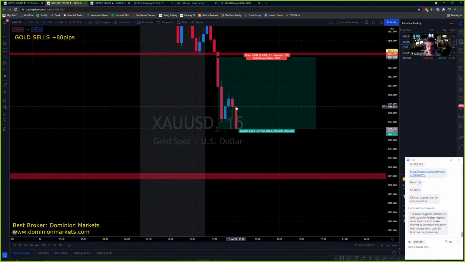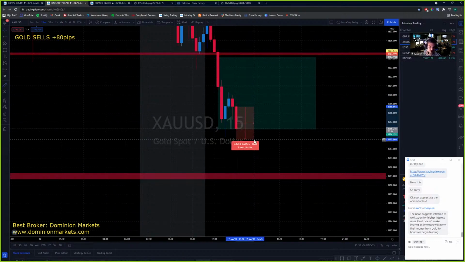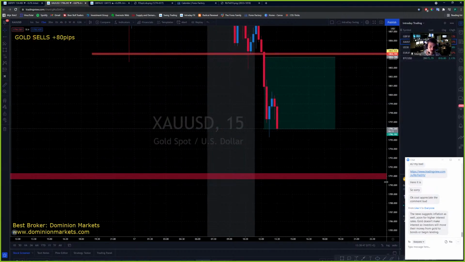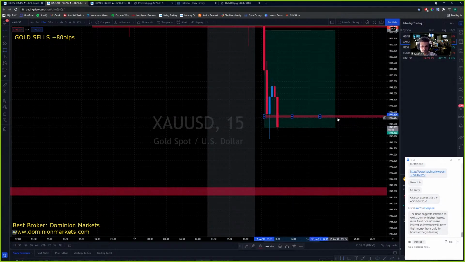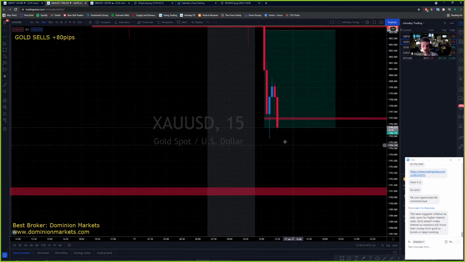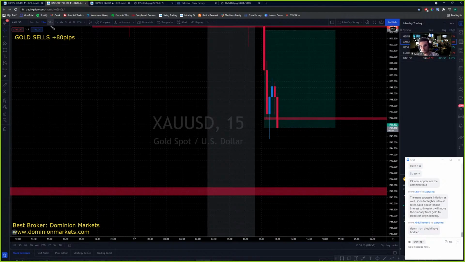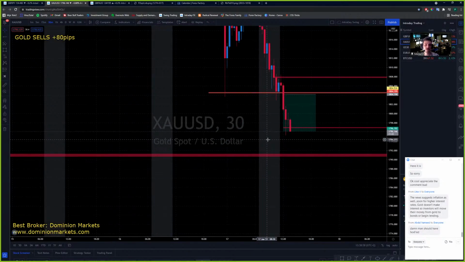But if you're not in it from here, then you don't want to be chasing, unless something good happens when this candle closes below here. But likewise, these are going to be very, very risky.